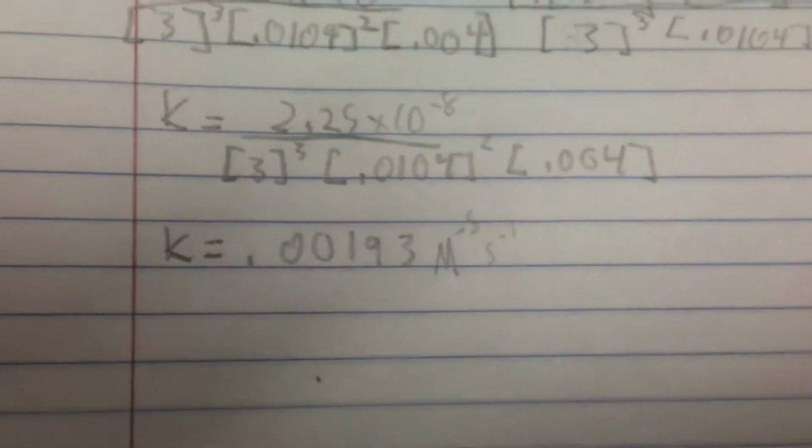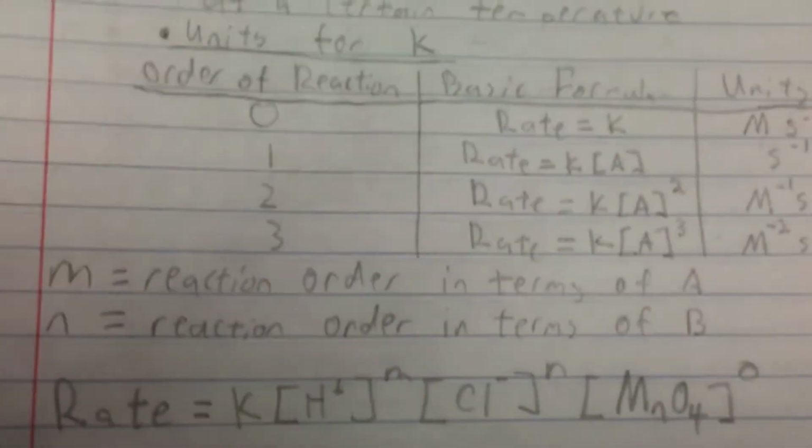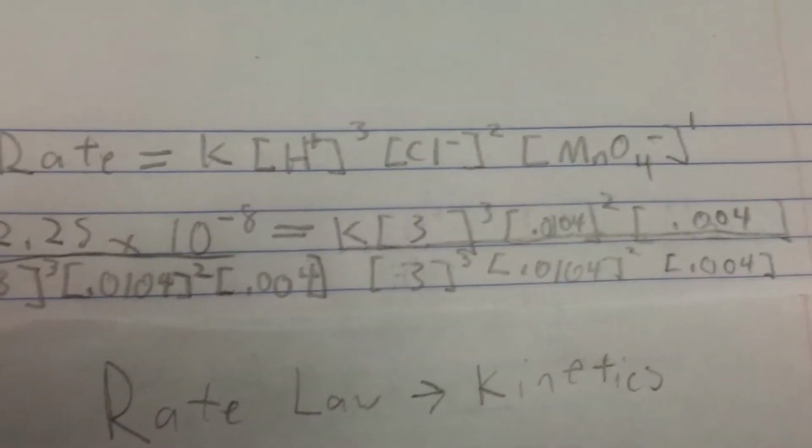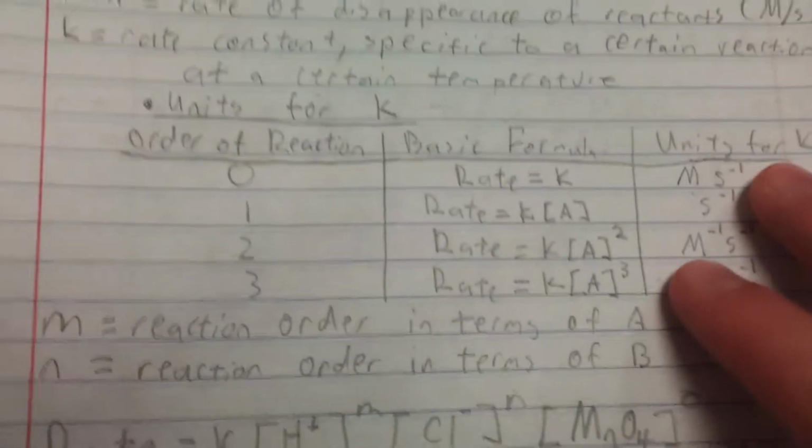And the units for K, we pull out of our handy dandy table here. So you look at the reaction. 3 plus 2 plus 1 means it's a 6th order reaction.